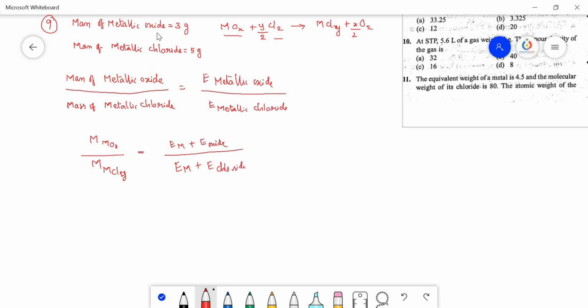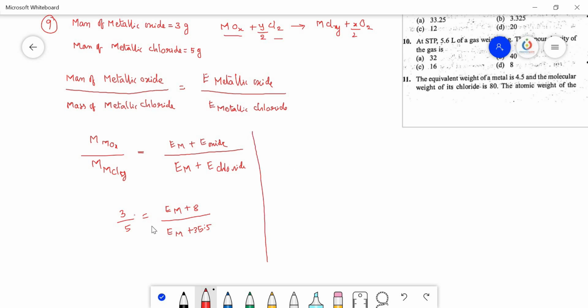Now mass of the metallic oxide is given as 3 grams and mass of the chloride is given as 5 grams. Equivalent mass of the metal we don't know, that has to be calculated. Equivalent mass of the oxygen is 8, that is a fixed value. Here also equivalent mass of the metal we don't know. Equivalent mass of the chlorine or chloride is 35.5. This is also a fixed value.